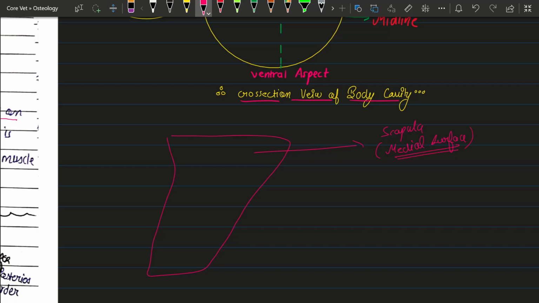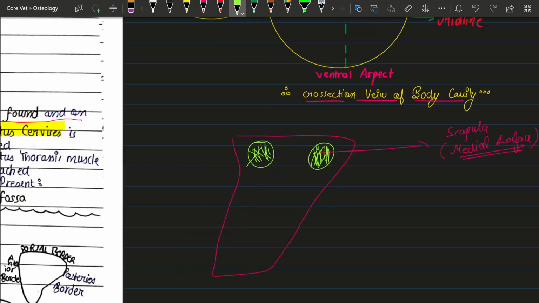What I had told you is that in the case of the lateral surface there was a spine, but in the case of the medial aspect there is no spine. Instead, there are two rough surfaces which give accommodation to certain muscles. What muscles are they?